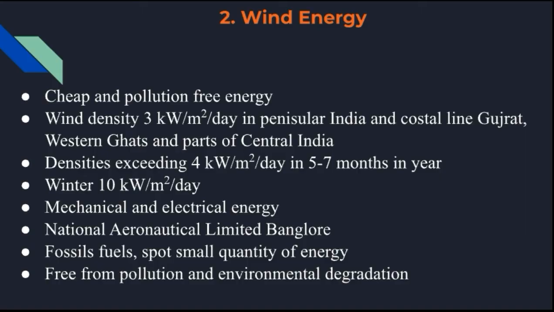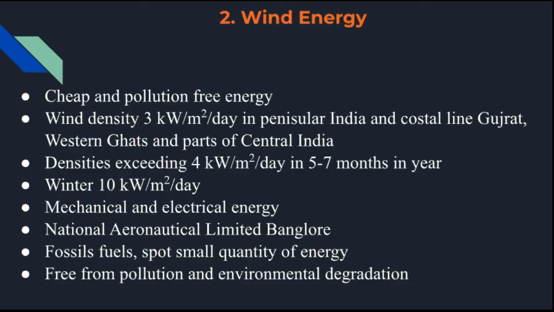Average annual wind density of 3 kilowatt per meter square per day is common at various places in peninsular India and also along the coastline of Gujarat, Western Ghats, and parts of central India.